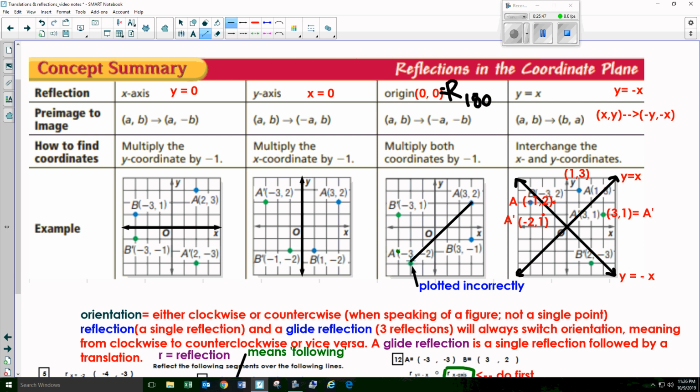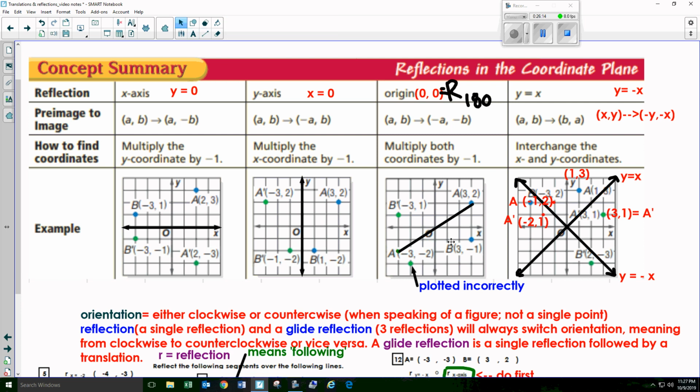I went ahead and checked, and they hadn't plotted the point right. (-3, -2) is right over here, so I put that in there. They put the point right there, which is plotted incorrectly. Now if you connect the actual true points, you see it goes right through the origin. So when you reflect over the origin, it will always go through it.